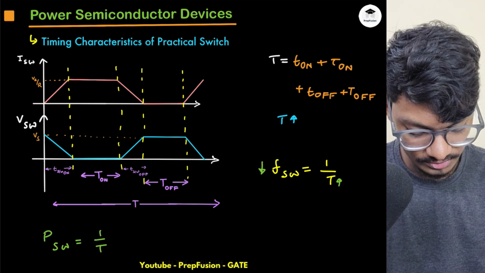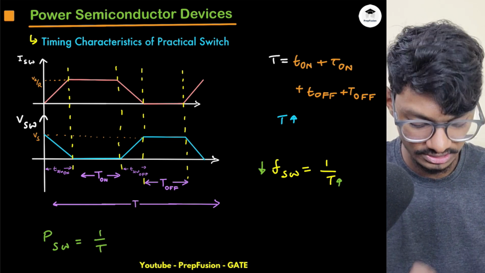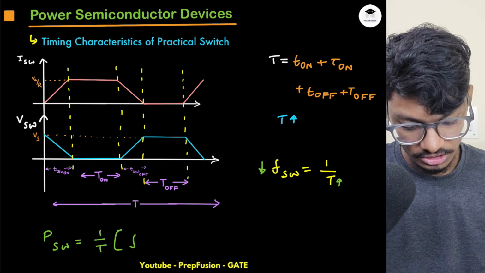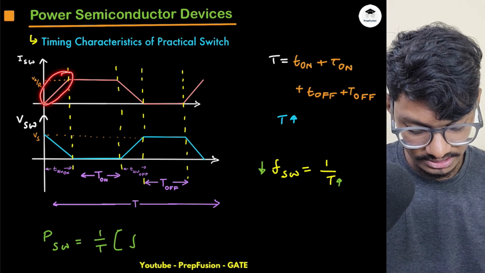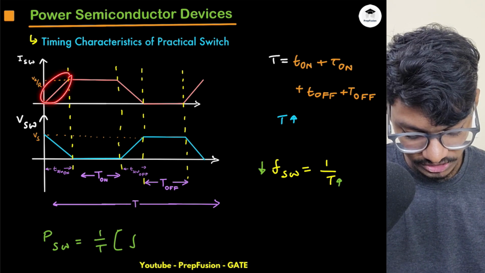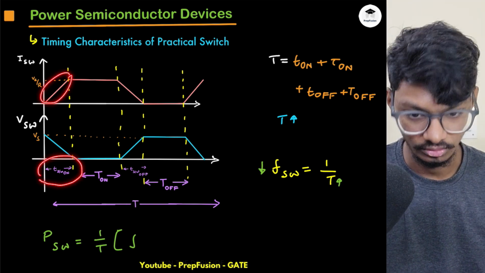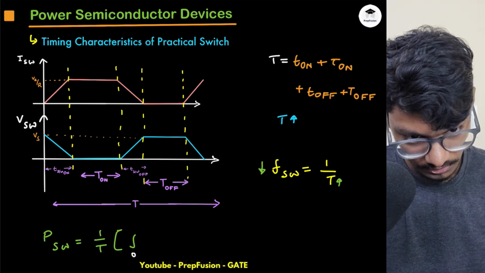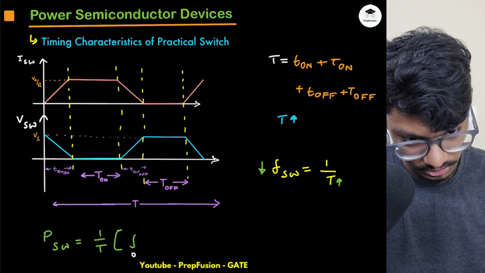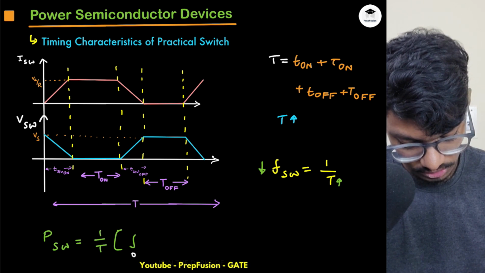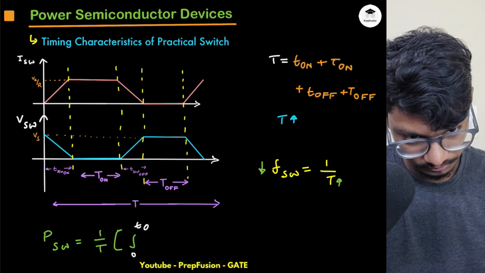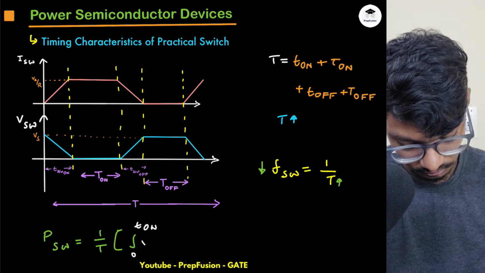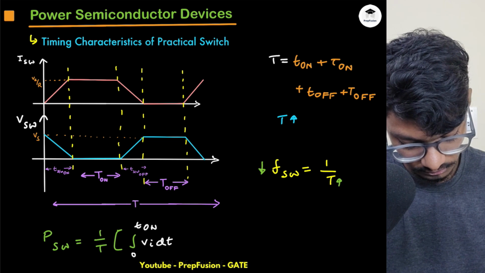The average power across the switch, average power of anything, is 1 by T, taking the mean, then the integration of voltage and current. So in this case, this is for which time period? This is for T switch on. So this time period is from 0 to T on. So this is VI dt.